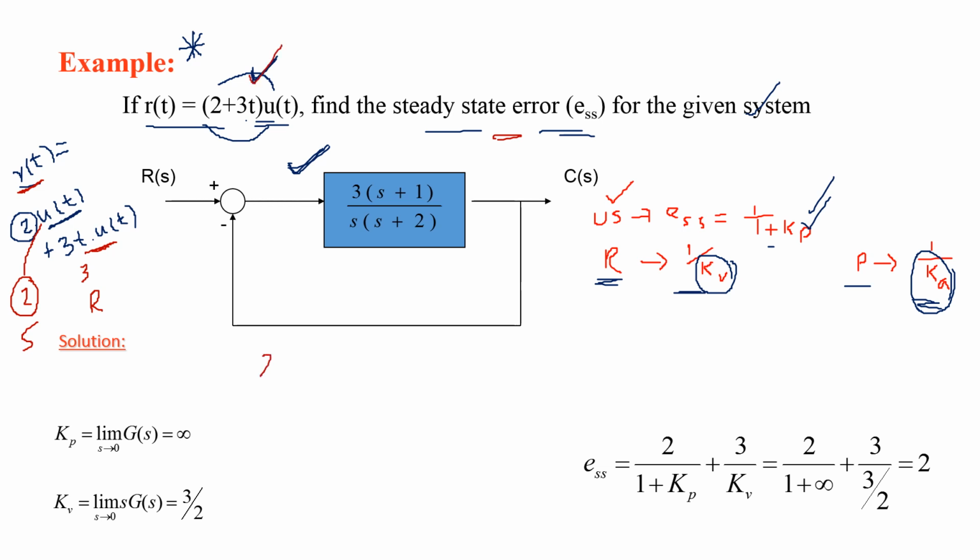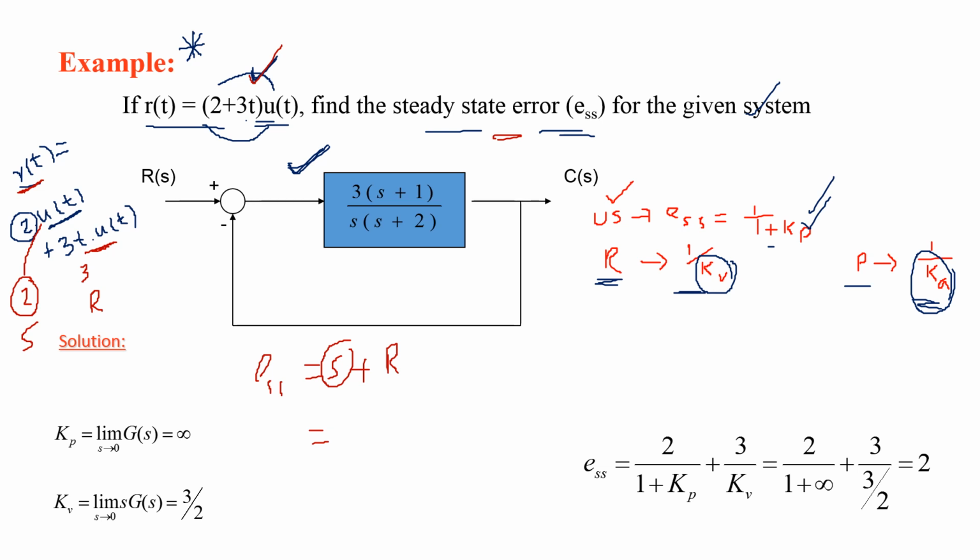The steady state error is the steady state error due to the step signal plus the steady state error due to the ramp signal. We know the steady state error due to the step signal is ESS equal to 1 by 1 plus Kp.